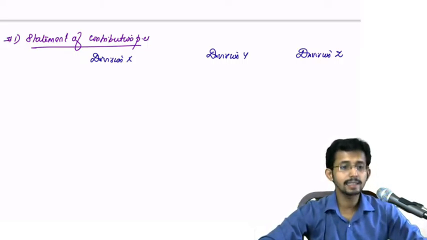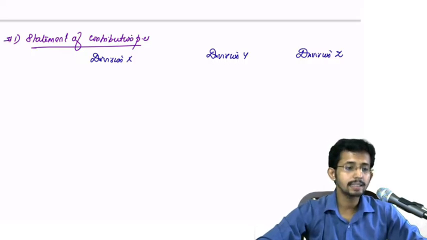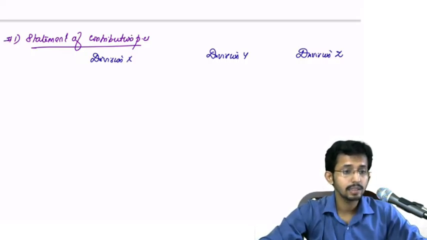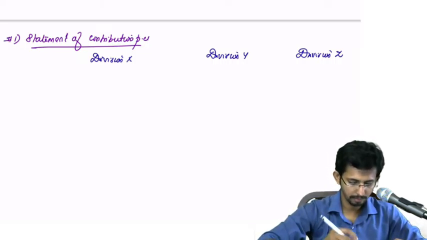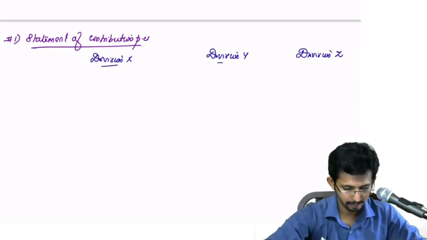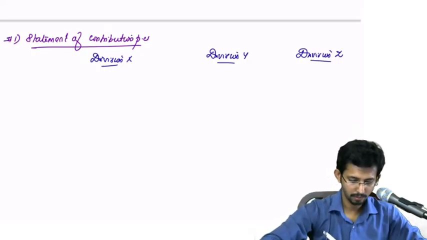Now, as far as division X is concerned, division X has basically 3 types of transactions. Am I right? What are they?